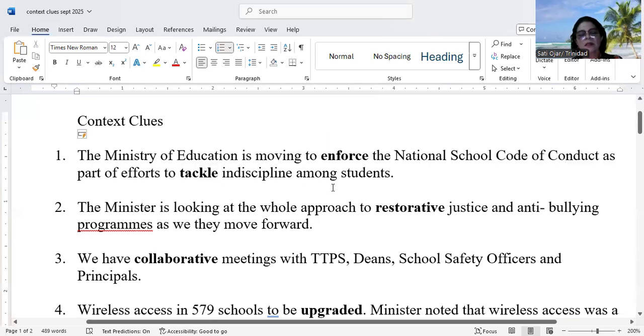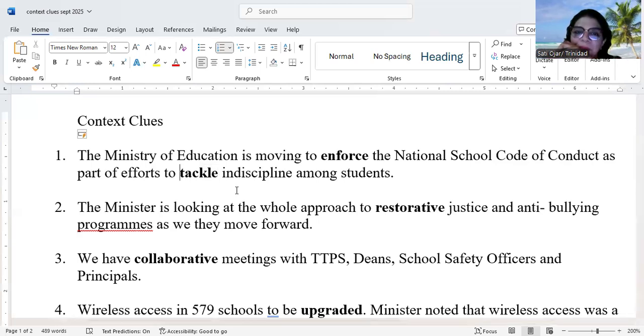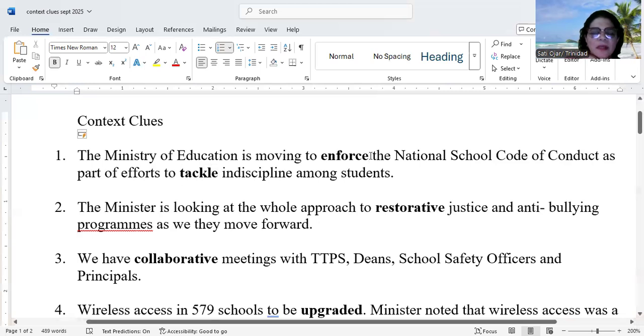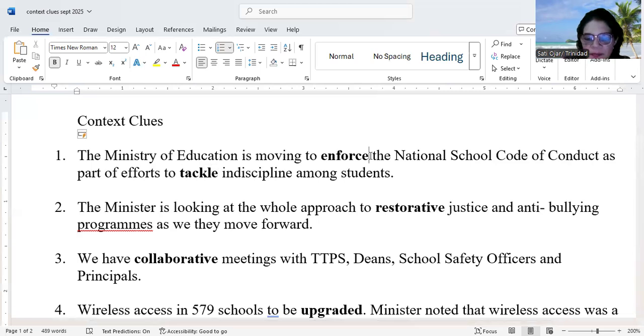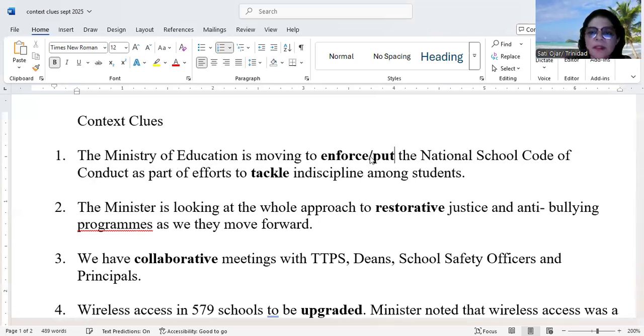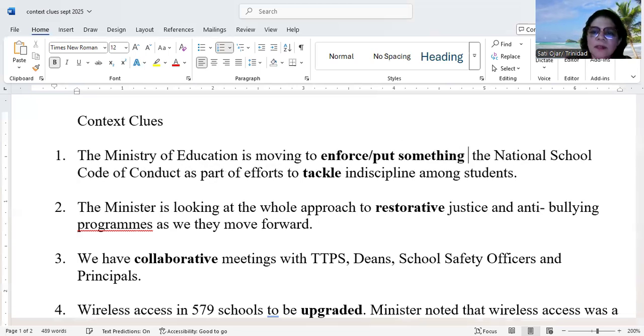Whichever one is easiest, suggest a meaning for me. Enforce is to put into effect. Okay, so enforce is to put something in place.